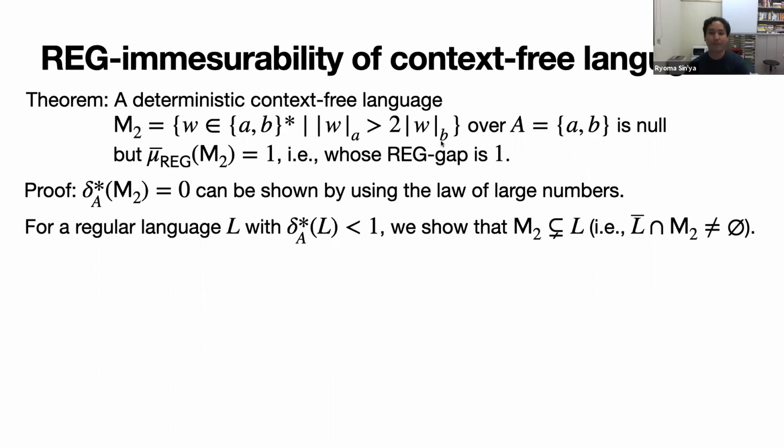Okay. So next we show that M2 has outer measure 1. Let L be a regular language with this property, not null, okay? And then we show that L is never a superset of M2, and this is equivalent to the complement of L intersecting with M2.